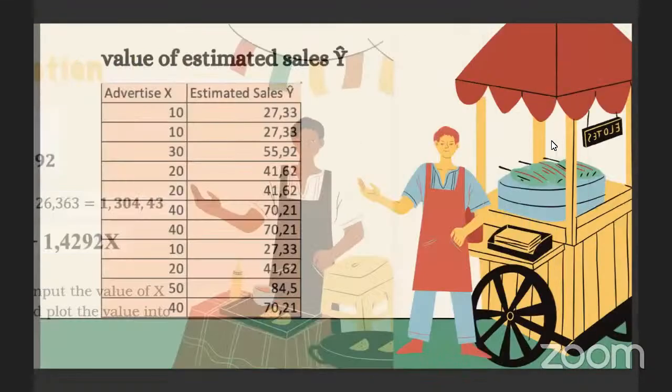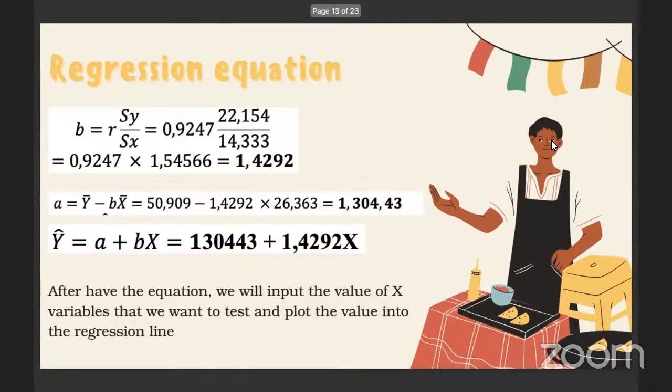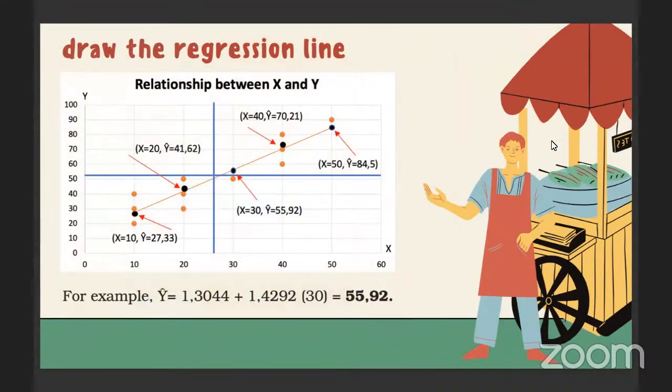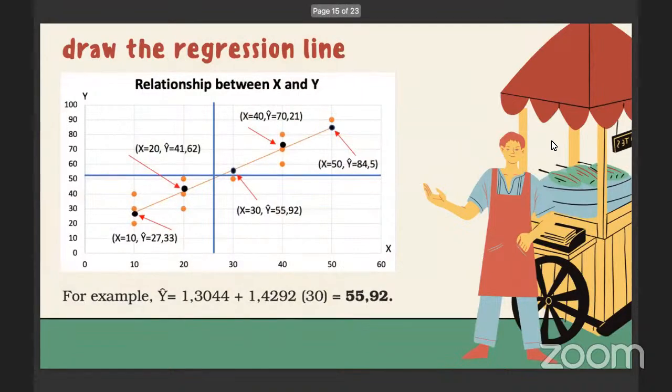And then next, here is the value of estimated sales after I input all the values of x into the regression equation here. And after we get all the estimated sales, we're going to plot them on the regression line.